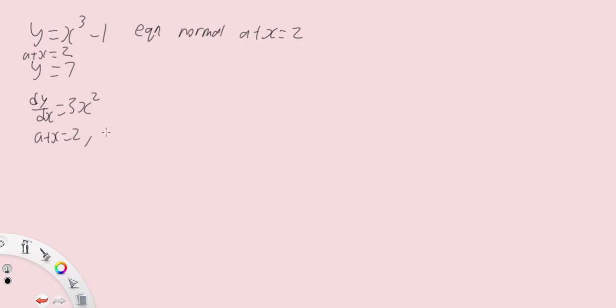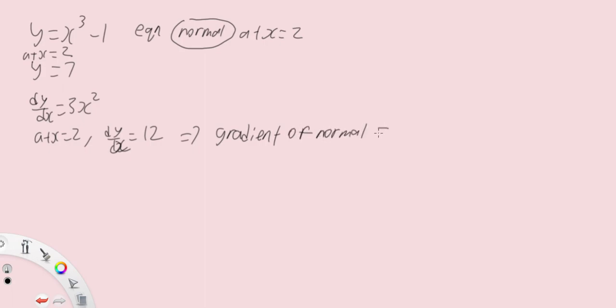At x equals 2, you then have dy dx equals 12. 3 times 2 squared, so 3 times 4 is 12. What you found is the gradient of the tangent, but we're looking at the normal. As such, the gradient of normal equals minus 1 over 12.